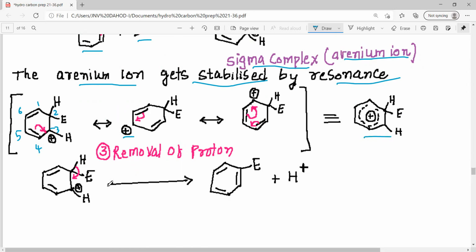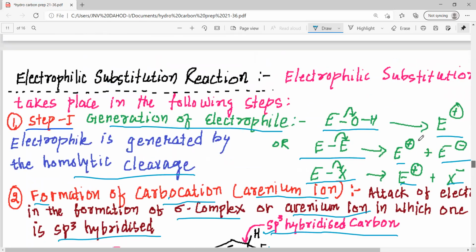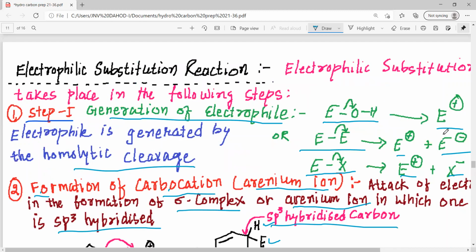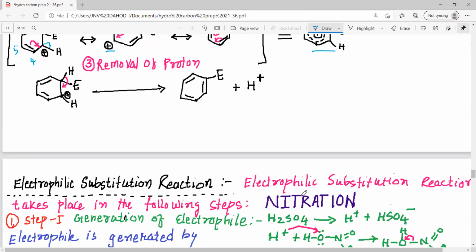This resonance stabilized arenium ion, when it reacts with the negative part that is produced in the first step, it may either react with the OH minus, my dear students, or it may react with the E minus, or it may react with the X minus. So let me introduce here.